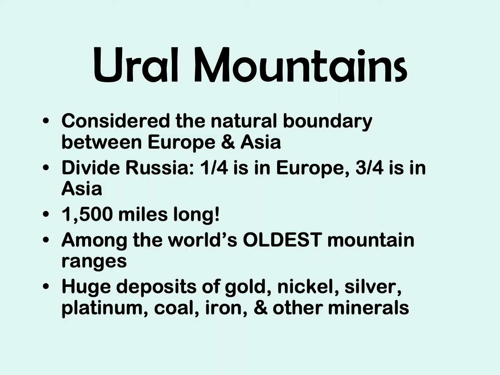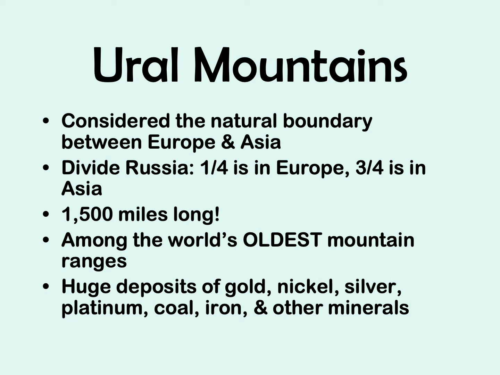Now the Ural Mountains. They're going to be considered the natural boundary between Europe and Asia. That's how Europe and Asia are physically split. It divides Russia, so one quarter is in Europe and three quarters is in Asia. It's going to be 1,500 miles long, so it's a very long mountain chain, and it's among the world's oldest mountain ranges.